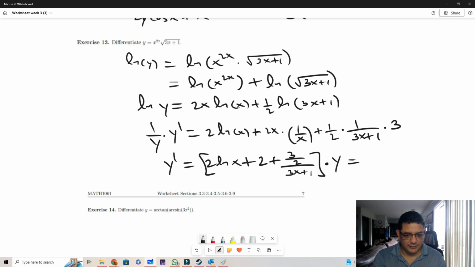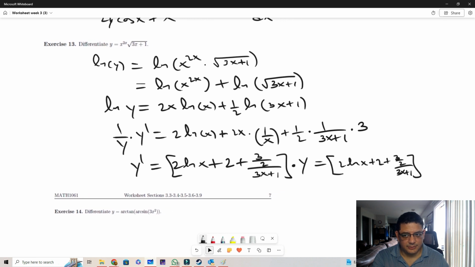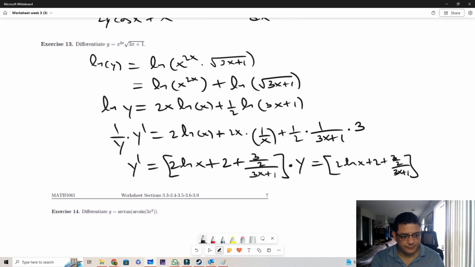So we can see this now as 2 log of x plus 2 plus 3/2 over 3x plus 1, and then times x to the 2x, the square root of 3x plus 1. And that's the end result with this logarithmic derivative.